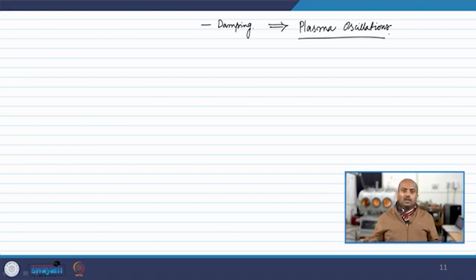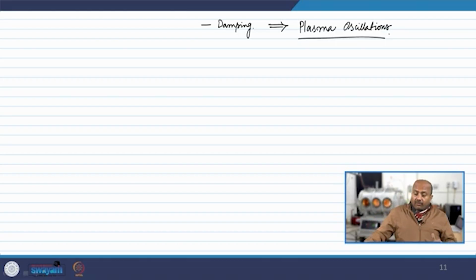In the process, the electrons will oscillate around their mean position, and these oscillations are called plasma oscillations. Effectively, plasma oscillations are the means by which plasma retains or maintains charge neutrality.